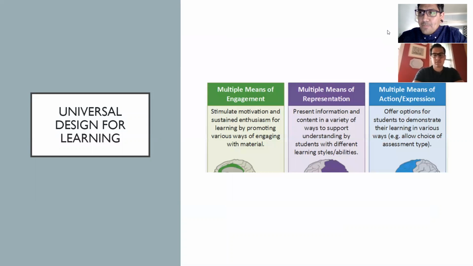We know that we're all different learners. We all learn different ways. So this is simply saying that we have different ways to engage students, and we can provide different representations and different ways for students to express what they want to say. If we incorporate this with our students, then it's just a good method to go.